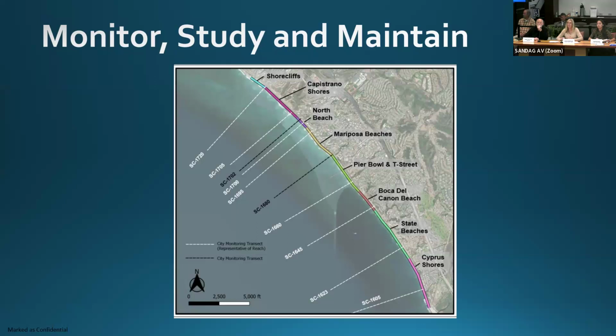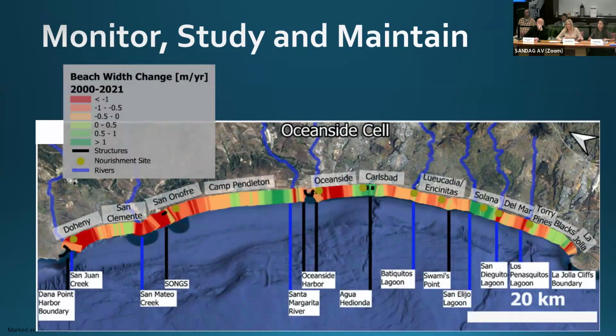And following on, continuing with the science, we do still want to keep the science involved in our decisions. Some of the monitoring efforts that are continuing are the transect study that San Clemente has initiated, and also a study that was recently published by UCI on some of their activities.